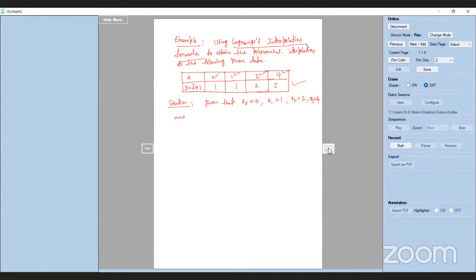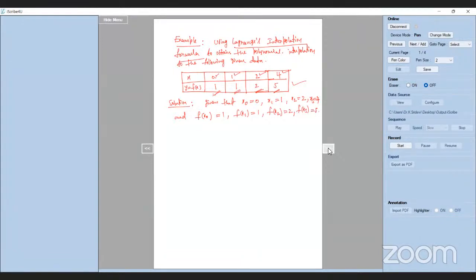Similarly, the f of x values: f of x0 is 1, f of x1 is 1, f of x2 is 2, f of x3 is 5. These are the given values.